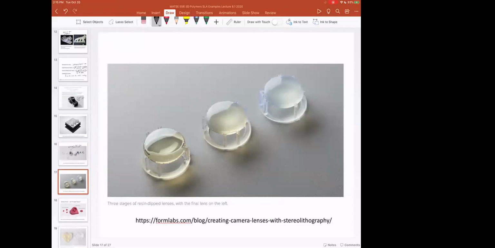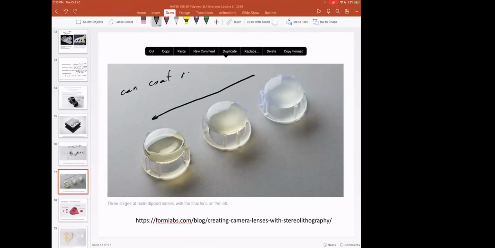So they walk you through this in the Formlabs how-to section in one of their application notes. And the other thing that they do is they coat. So you can coat a rough surface to get smoothing.